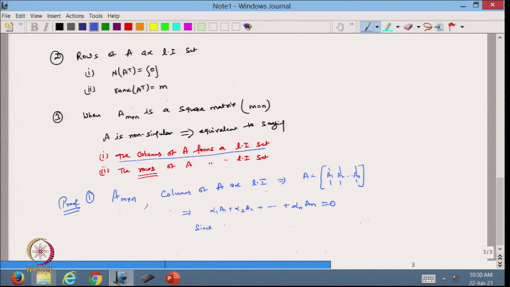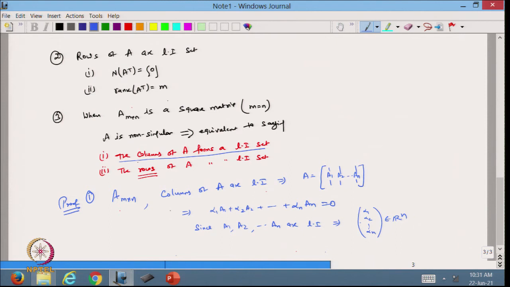Since A1, A2, up to An are linearly independent, the set alpha 1, alpha 2, up to alpha n belongs to Rn.